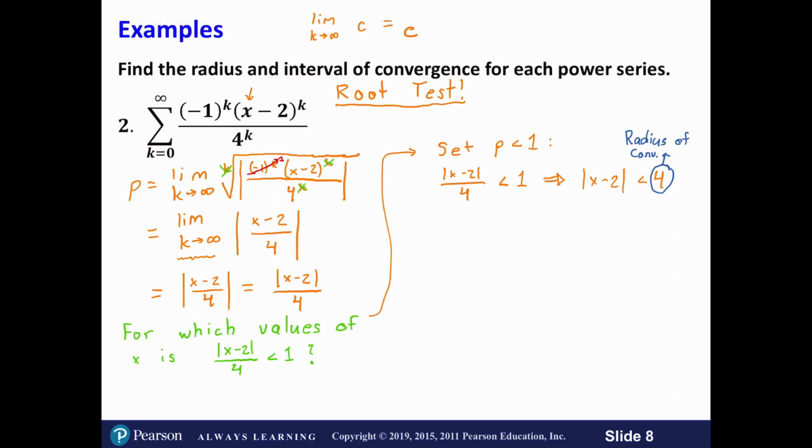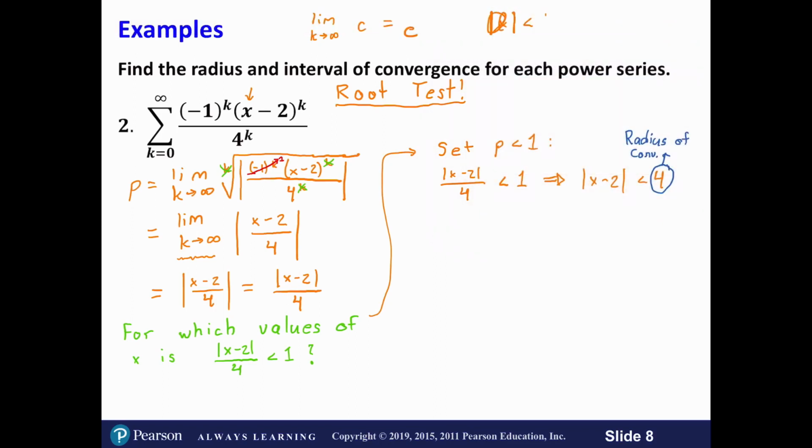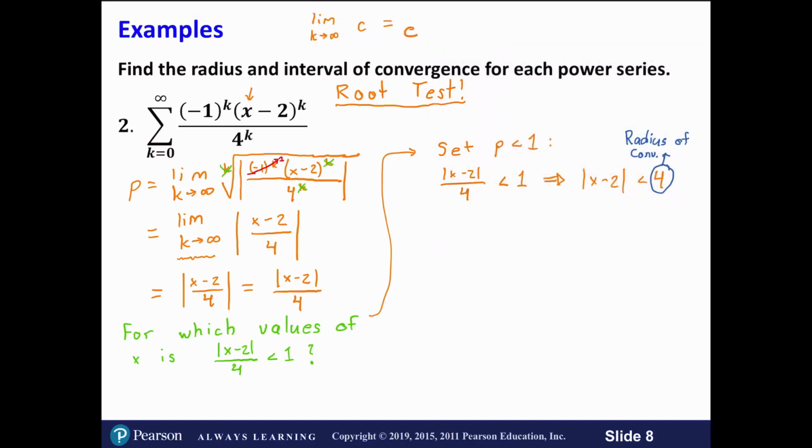All right, so in order to determine the interval of convergence, we could notice that, in general, if we have the absolute value of y less than z, this means that negative z is less than y, which is less than z.